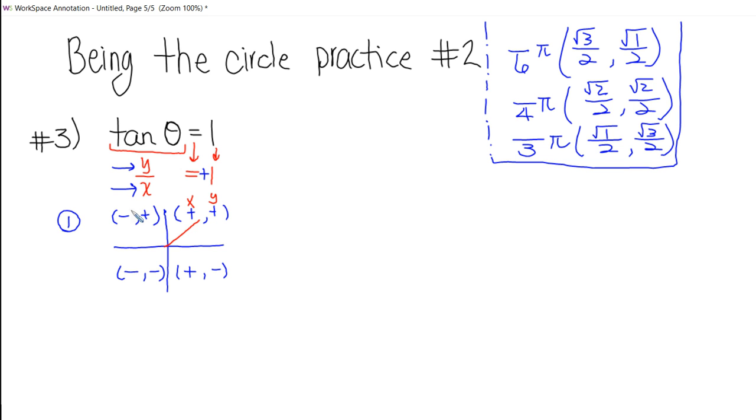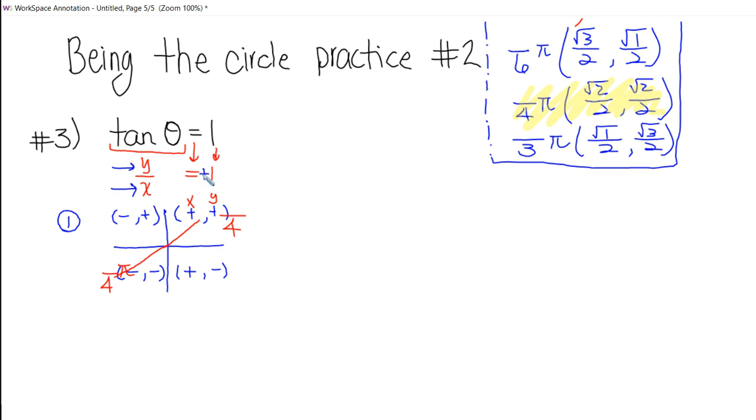Now step number 2, what type of triangle is it? Well, we know that y has to equal x. On my cheat sheet, these are all my x's and these are all my y's. So I'm going to figure out at which one of these we get x and y the same. It's clear to me that over 4 is the one with the same x and y. So we know at both of these it has to be over 4s.